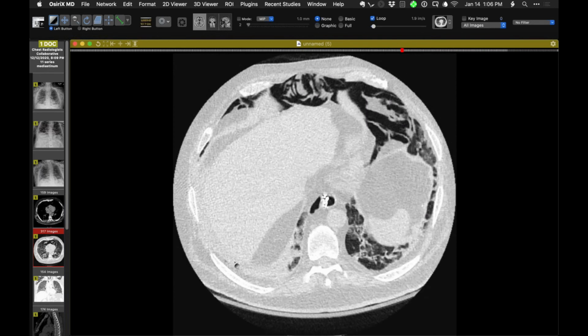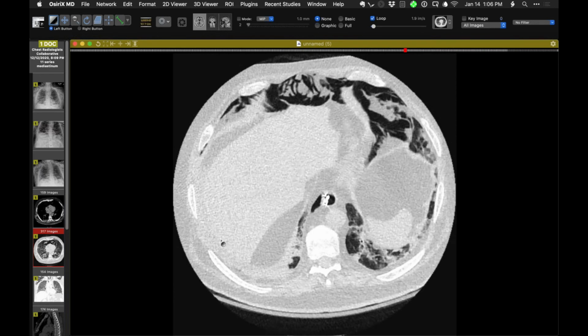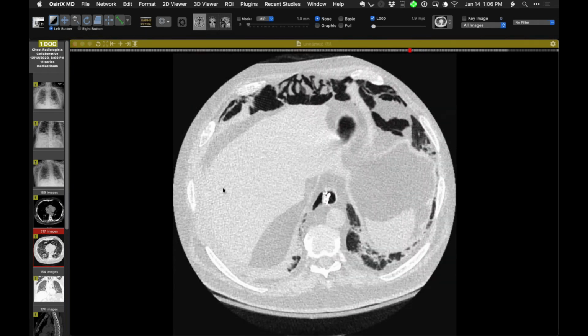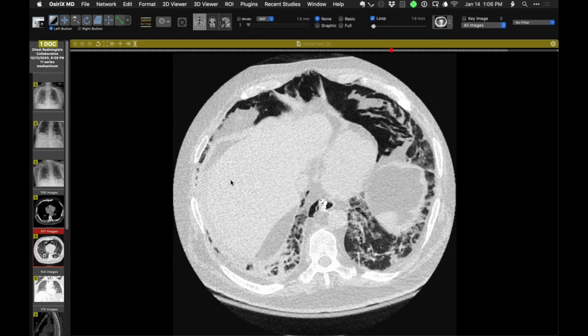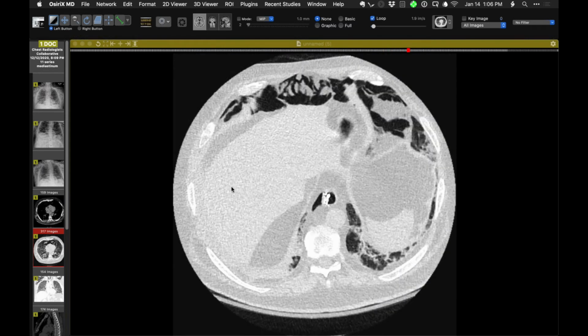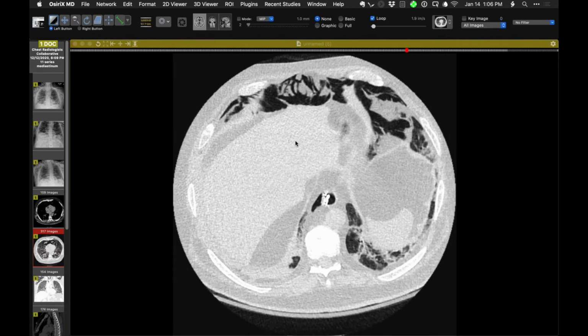And I want to show this just to remind myself, as well as my resident and everyone else, that there is a pathway by which mediastinal air can traverse from the chest into the upper anterior abdominal extra-peritoneal space. And that's via the so-called sternocostal triangles or the foramen of Morgagni.